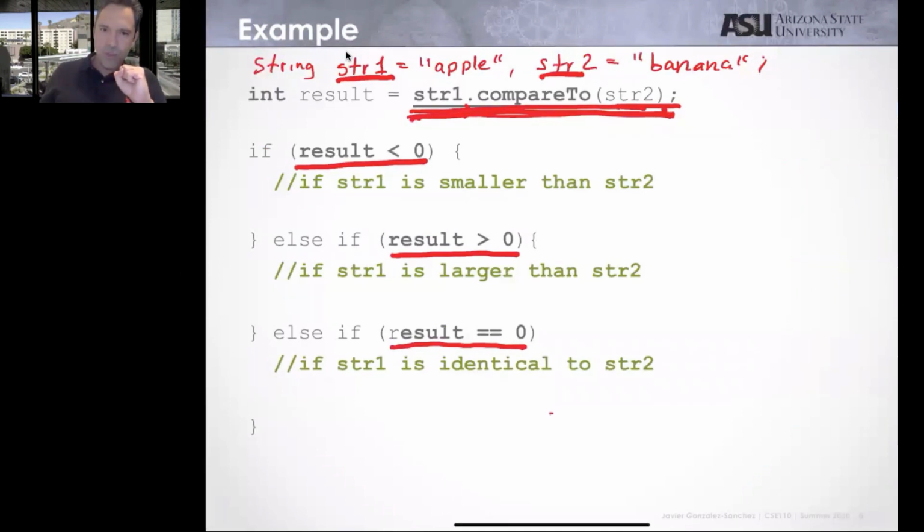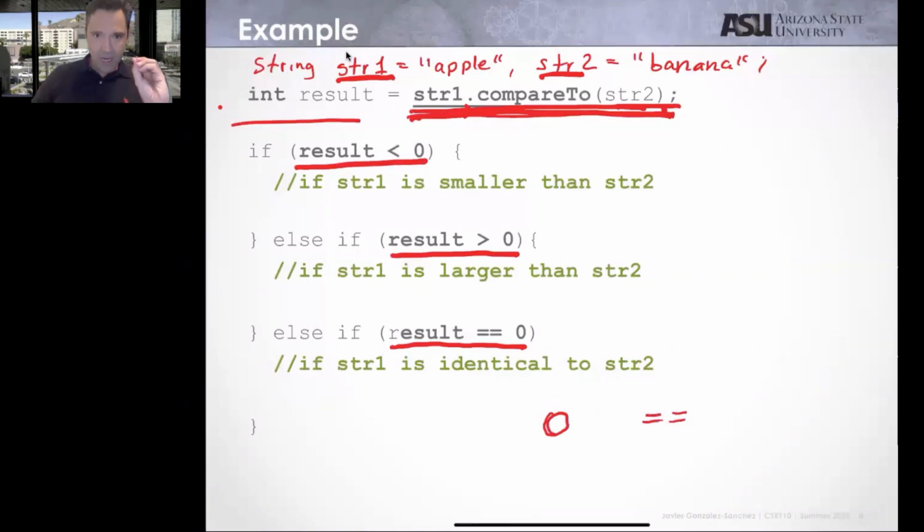It's going to give you 0 if the 2 strings are the same. So if I have 2 strings and I call compareTo, just like in this line, and the result that I get, which I am storing in a variable, is 0, the computer is telling me that the 2 strings are exactly the same. str1 is exactly the same as str2.